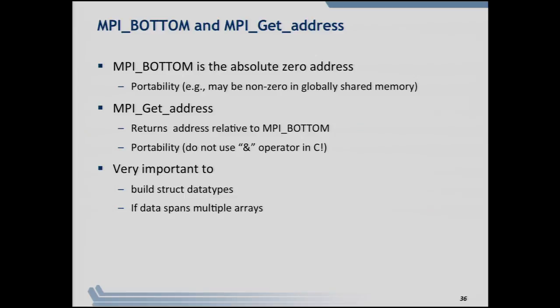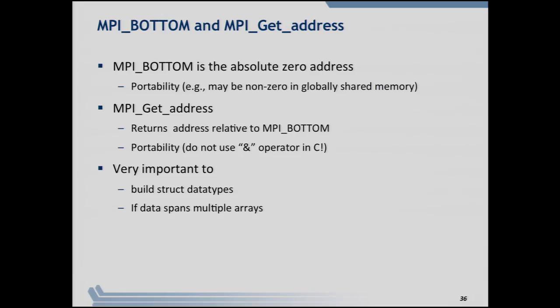Then there are a few other things that you might need when you're using this. So if you're using, say, an MPI struct type and you're using the absolute memory address of a buffer in your data type, then when you're doing an MPI send, the buffer address that you pass to buff, count, data type, you have to pass as MPI_BOTTOM, which really means it's the starting address in your address space.